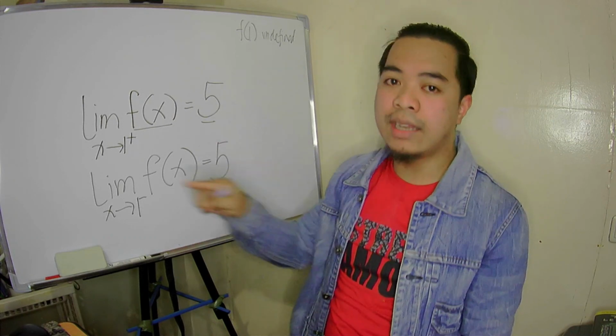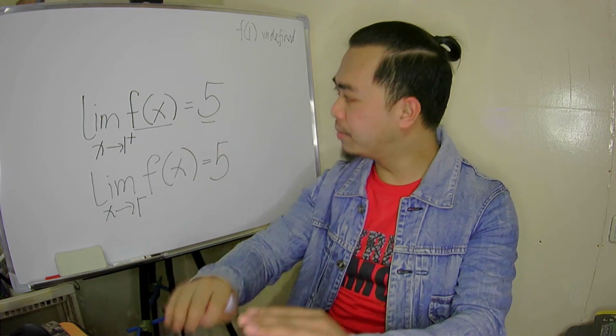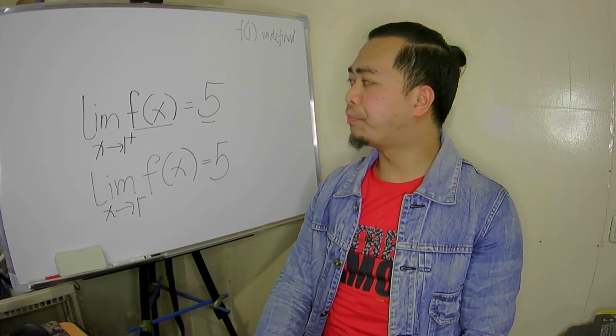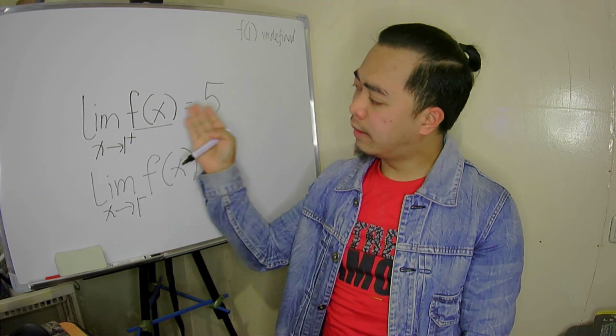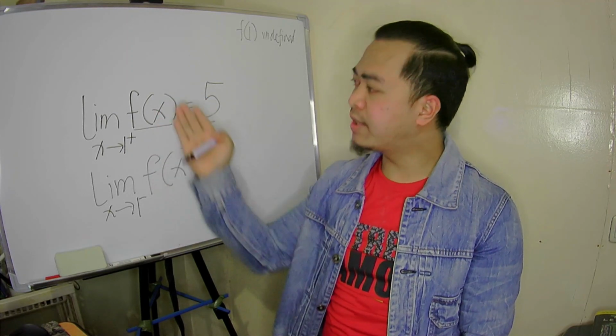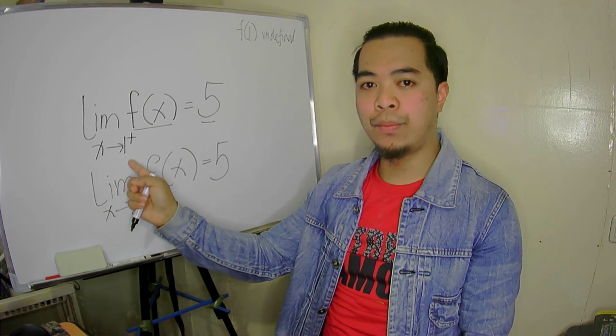Kasi ang tinitingnan lang natin ay around. So in-observe lang natin yung function around a particular value. Moreover, we call this one-sided limits because these are limits at a specific side of a number.